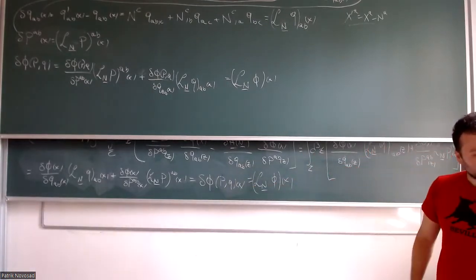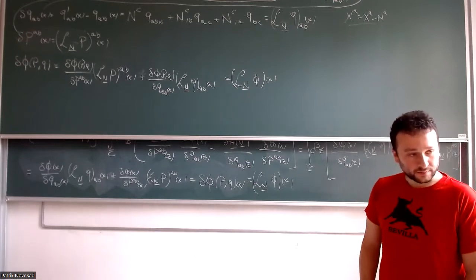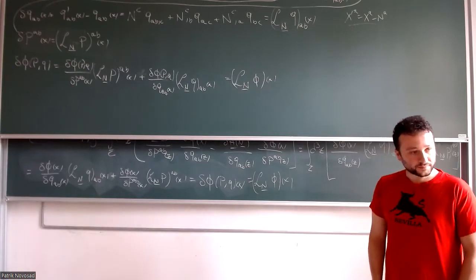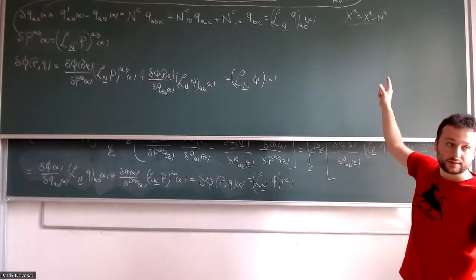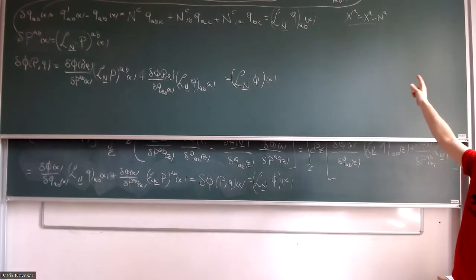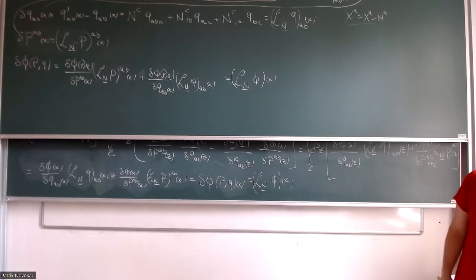Any change of coordinates can be expressed as a derivative, but your arbitrary variation of phi doesn't have to be a change of coordinates. No, in our particular case we set this up and see what happens when we change the coordinates.